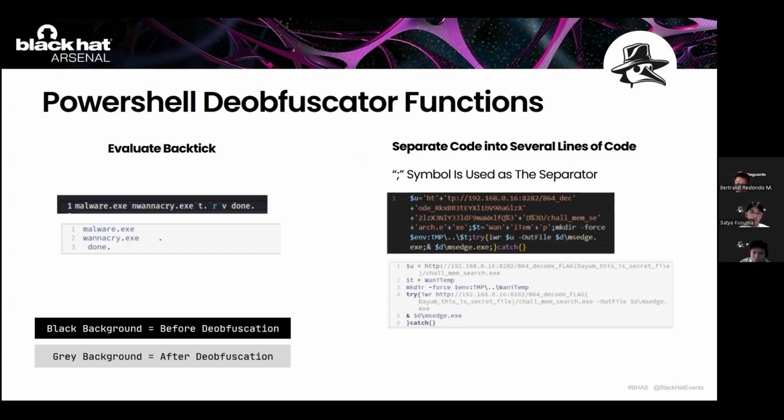The next one is to separate code into separate lines of code, where the semicolon symbol is used as the separator. As we can see in our sample, the code is only a 1-liner, so it's really quite difficult to understand and read. Because there are several semicolon symbols inside the code, the application can process it and split it into multiple lines.